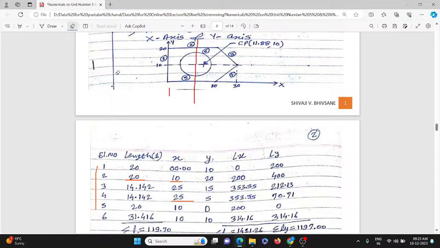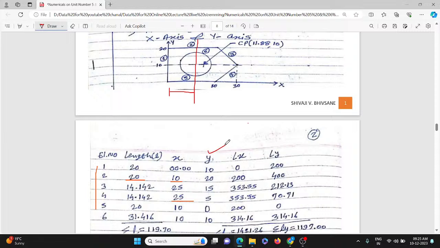This one. You know this distance is 10, and again it is 10. So for element number 6, X is again 10. Then next we have to calculate Y.